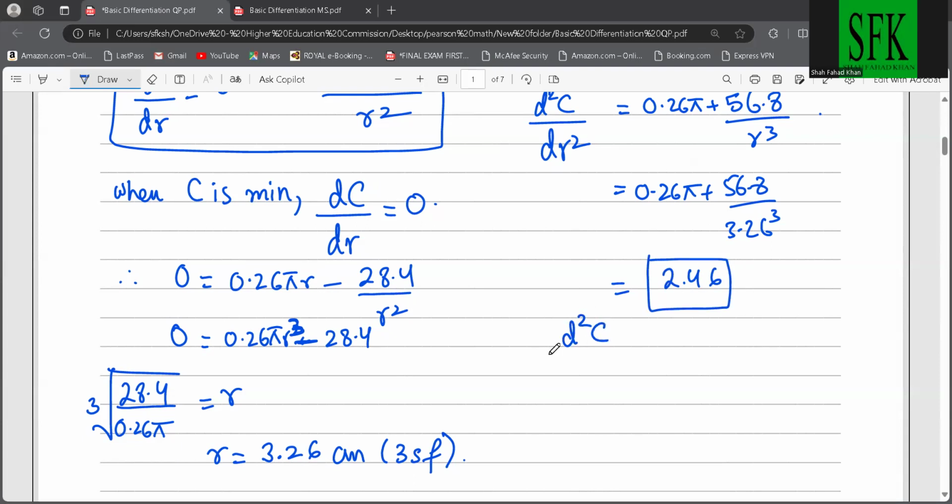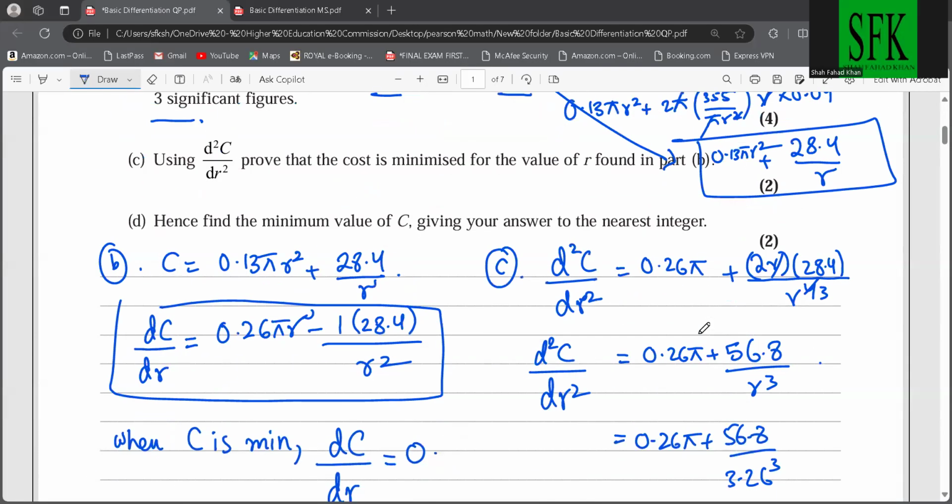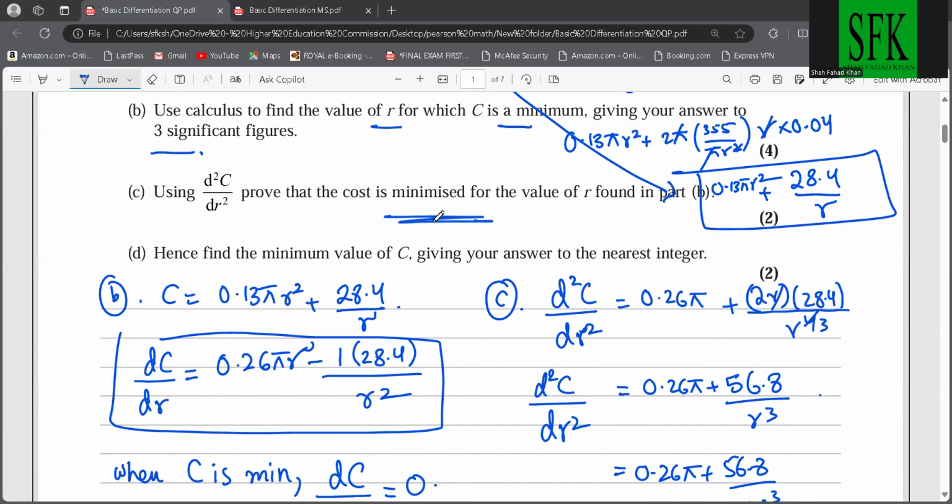This means d squared C over dr squared is greater than 0. Hence it's proved that the cost is minimized at this value of r.